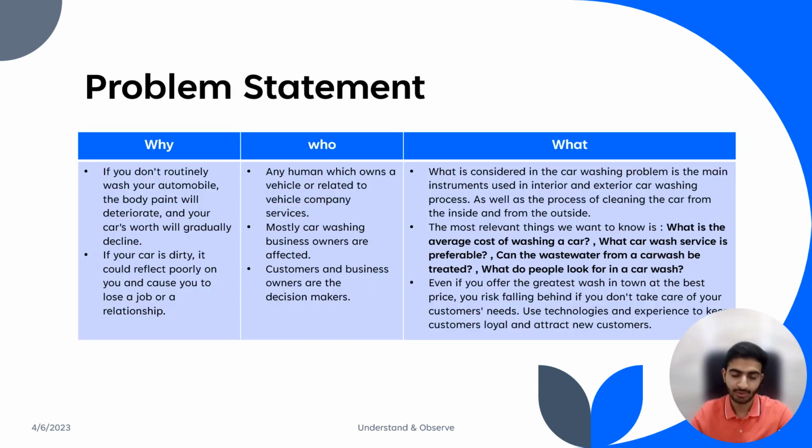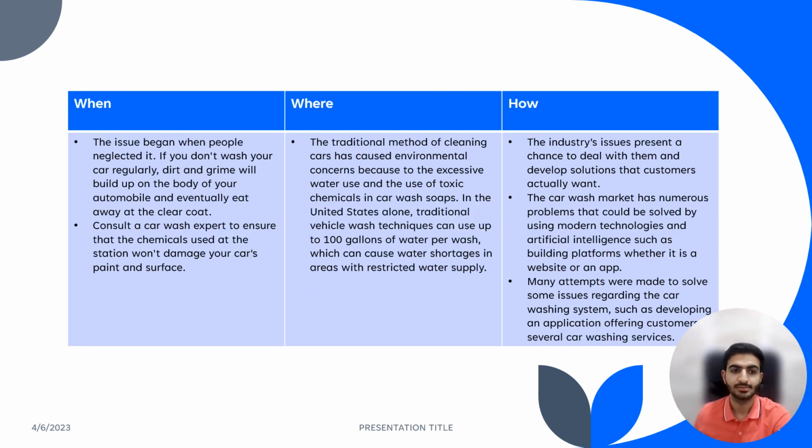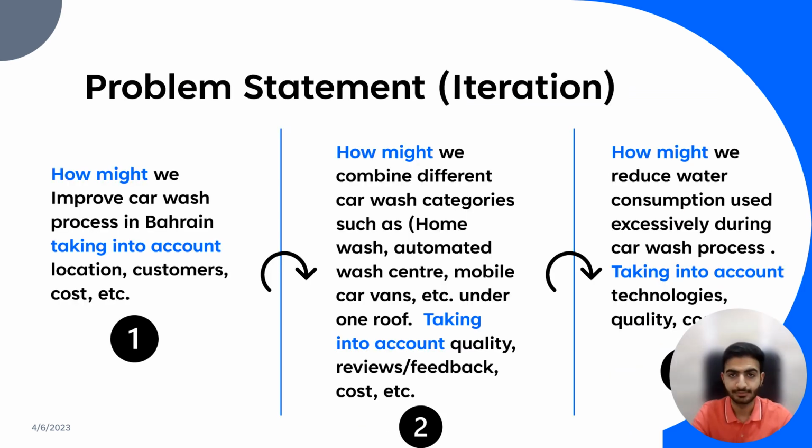Finally, the last tool in the understand stage is the problem statement. In the problem statement, we would take the information and ask questions of why, who, what, when, where, and how, and we would converge all of them.